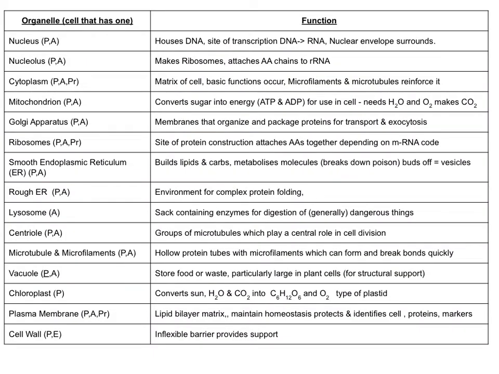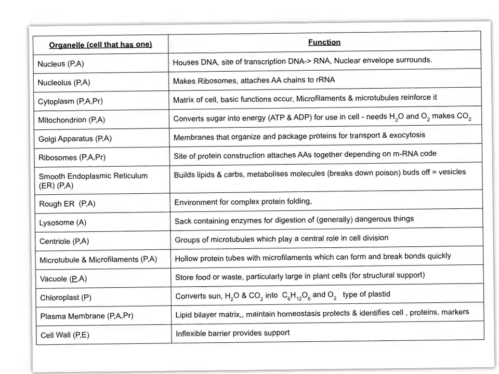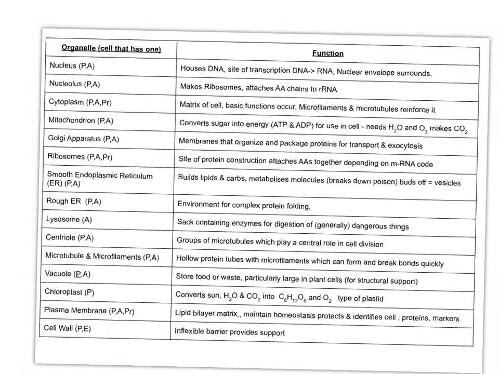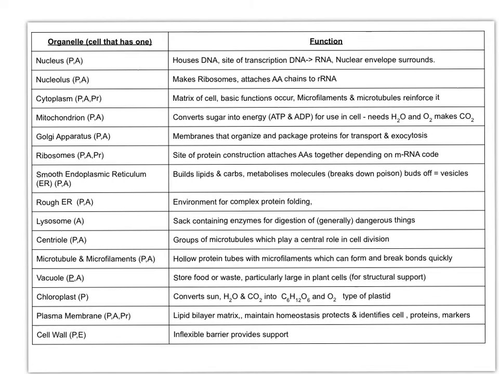All right. But now, if we're looking at cells, this is just basically, we're gonna jam this in our mind. If you haven't had this, lots of times people have had this information before, so this may be review for some of you.